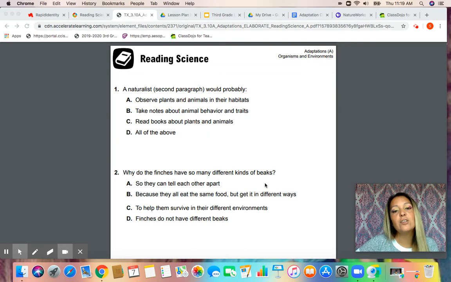And B, take notes about animal behaviors and traits. So that's why he went on the ship. He went on the ship because he was going to learn all about the different plants and animals where the ship was going. So your answer would be D.